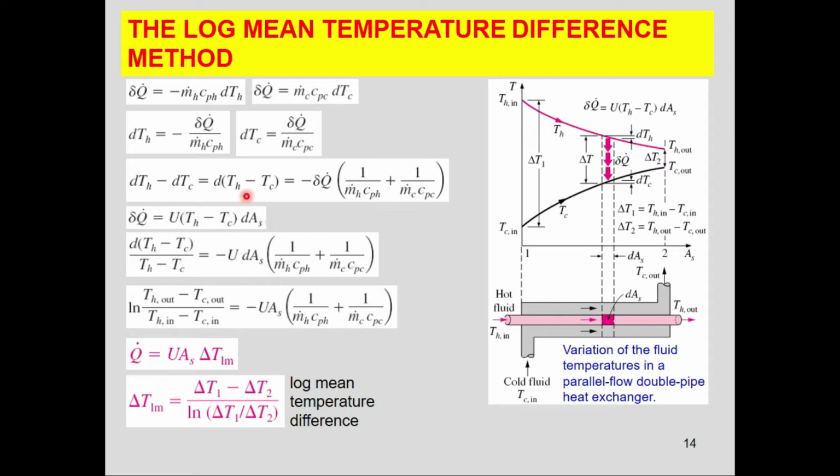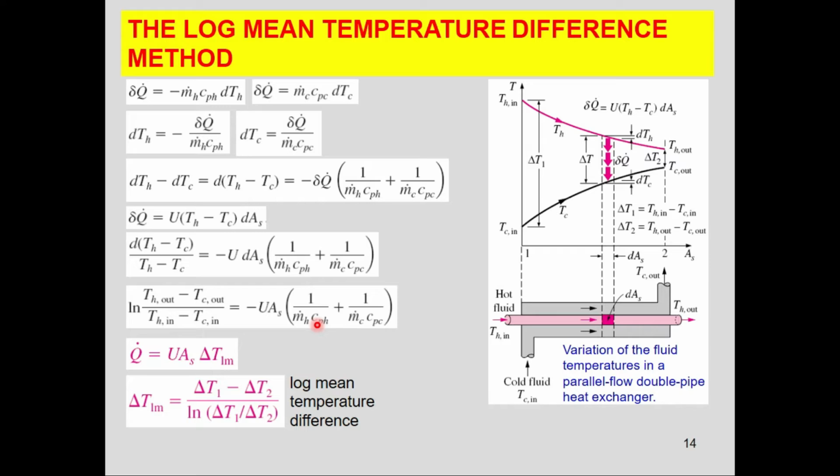So this is the final expression, and the rate of heat transfer in the differential section is given by this expression. So this is delta Q dot. We will put this delta Q dot over here, and after simplifying that we will come up with this expression. If we take the integration of this equation on both hand sides, we will ultimately come up with this expression, right?